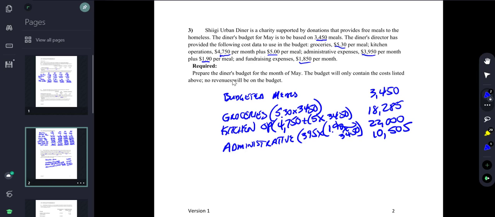And then finally, the fundraising expense is a fixed expense. They don't give us any connection at all to the level of activity. So we have fundraising of 1,840.